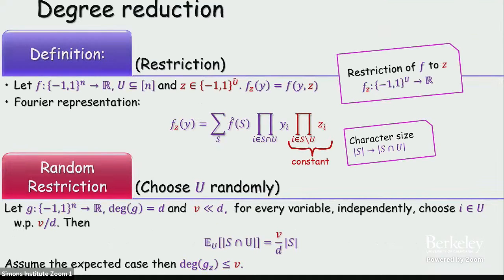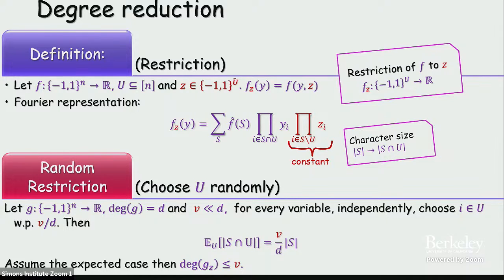Let's see what we have here at the end. So if we start with some function of degree D, and we do random restrictions with V over D for some V which is much smaller.